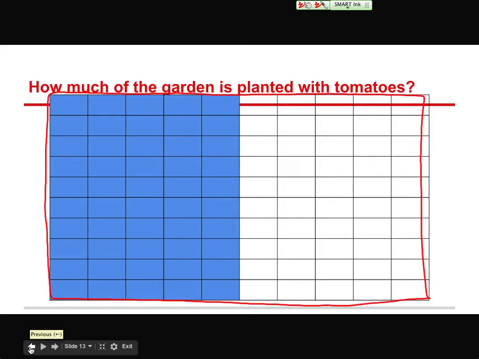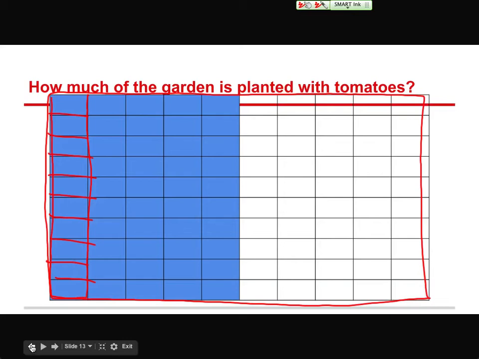Noah? One of them is cut in tenths and one of them is cut in hundredths. So within the tenth, right, we have 10 little equal parts. But still, the same amount of space is covered with tomatoes, right?